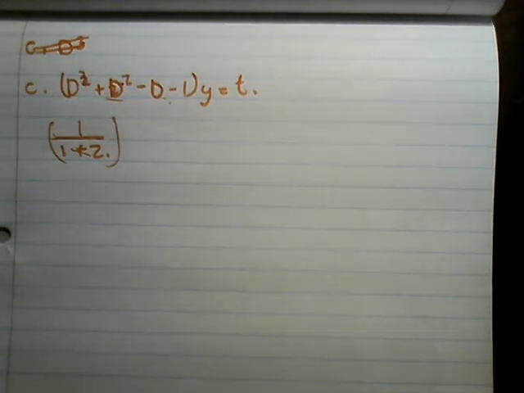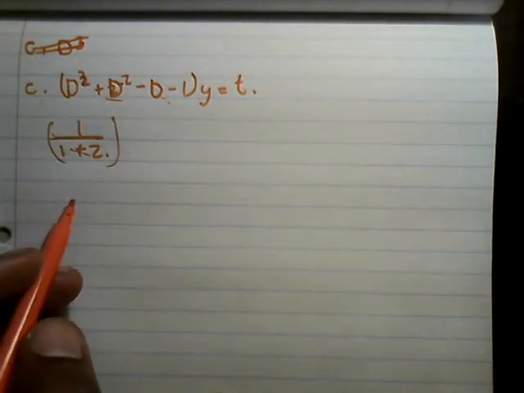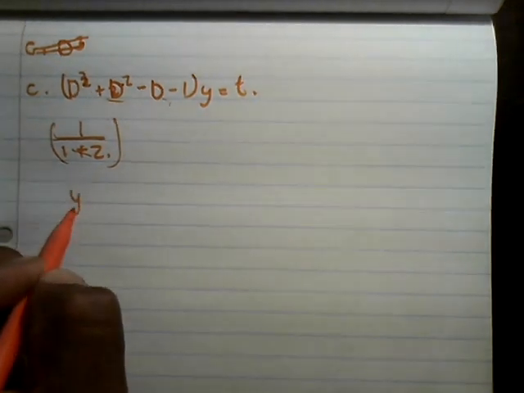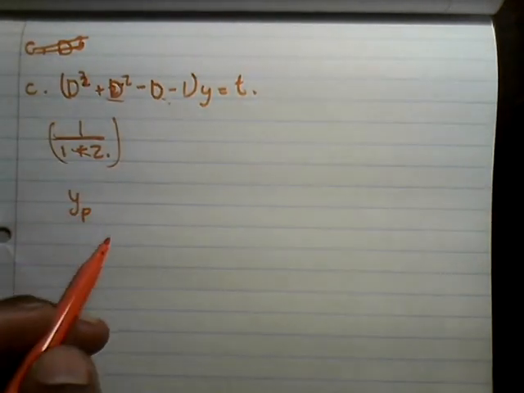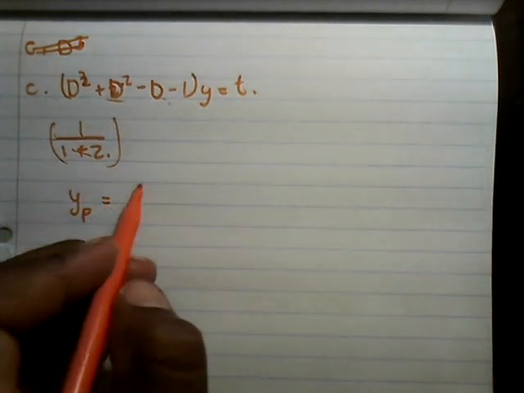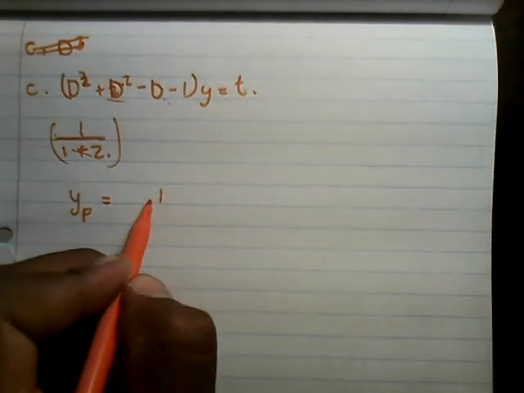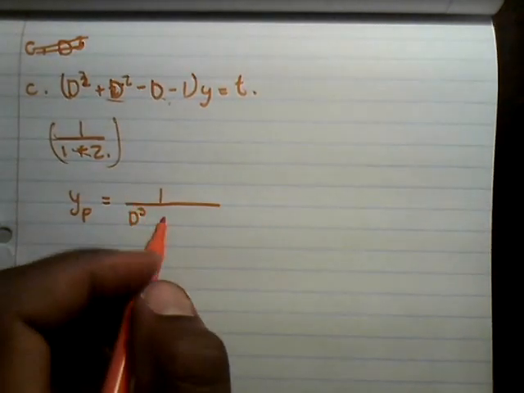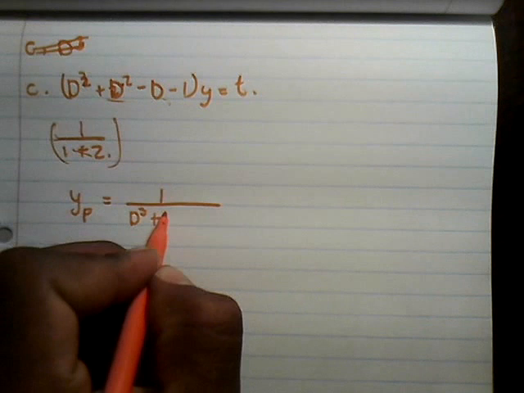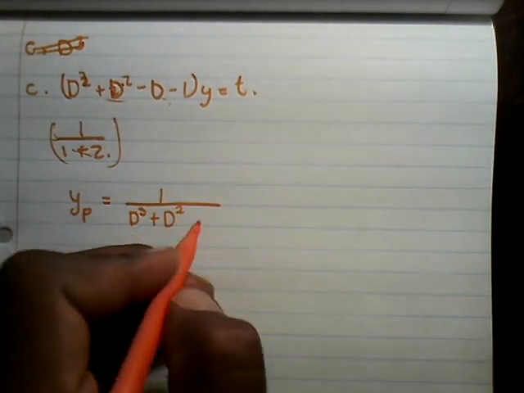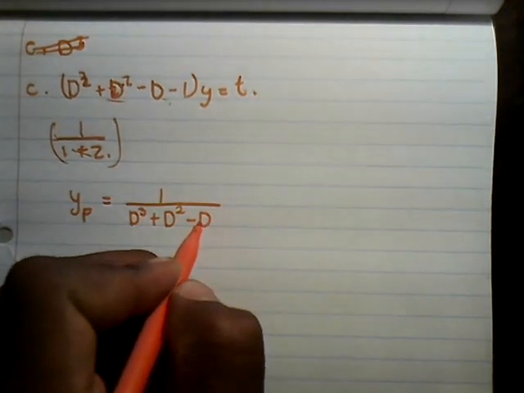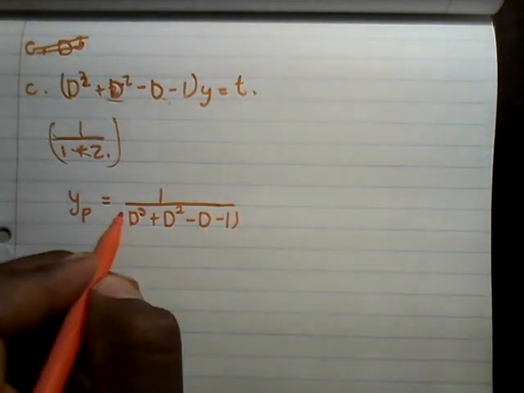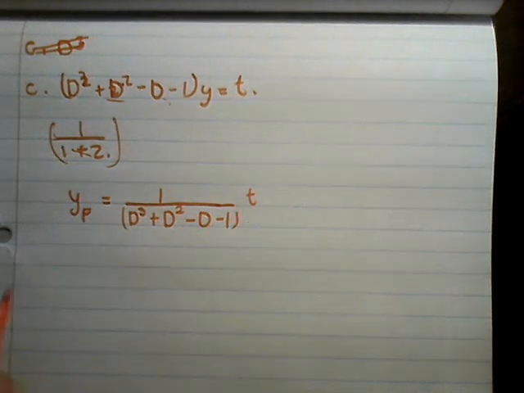Now the first step: yp is equal to 1 over D cubed plus D squared minus D minus 1, multiplied by t.